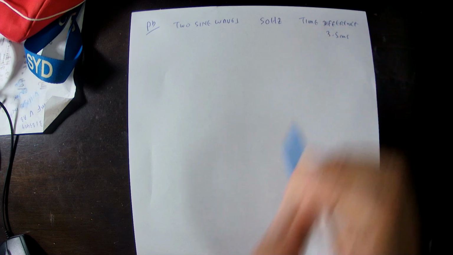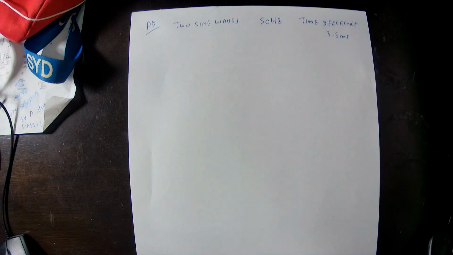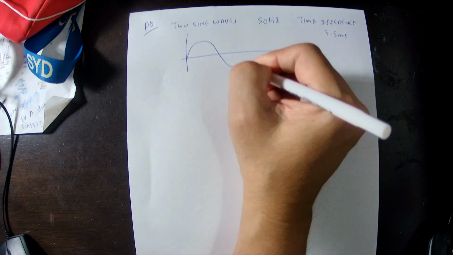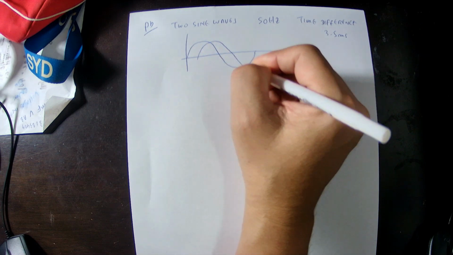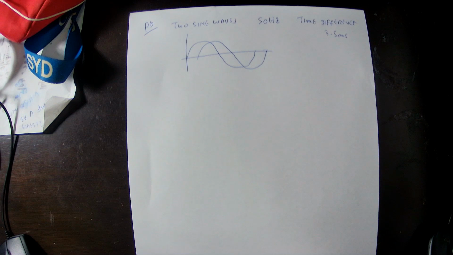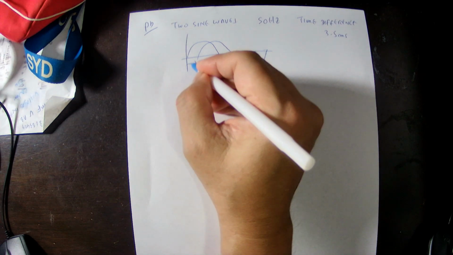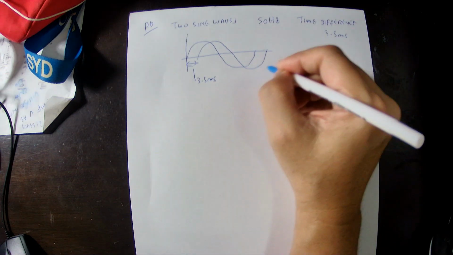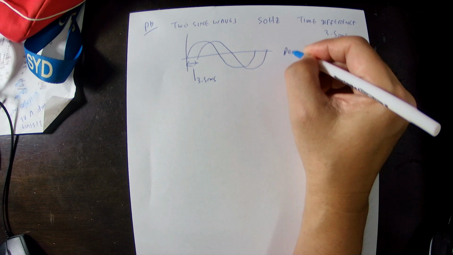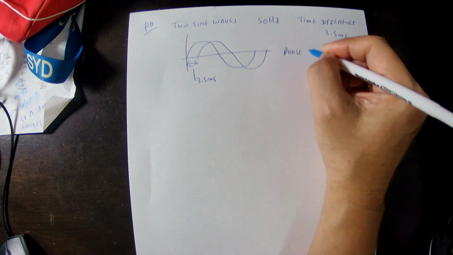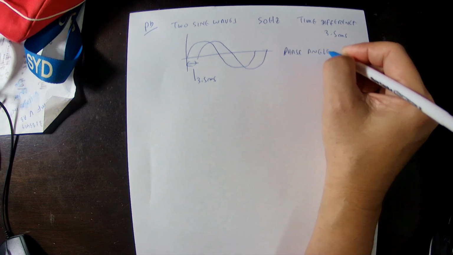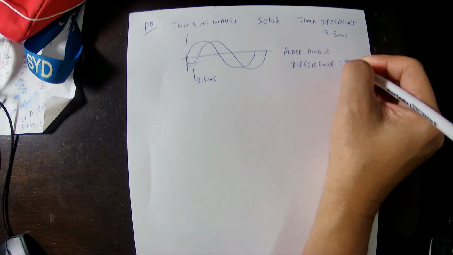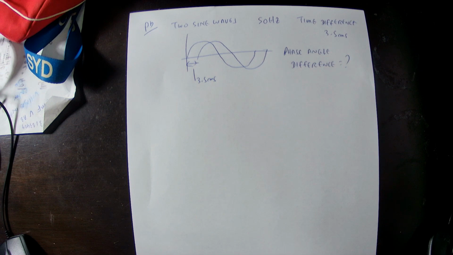So there are two sine waves, sine wave 1 and sine wave 2. These two sine waves have a time difference of 3.5 milliseconds. We need to calculate the phase angle difference.